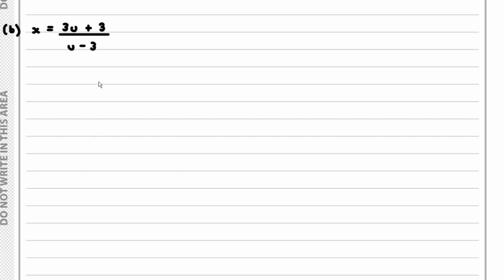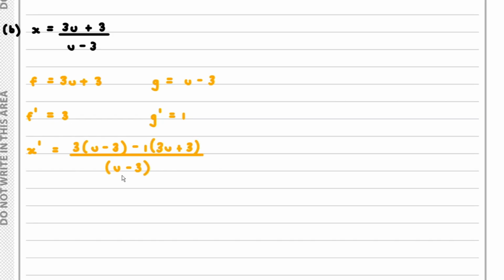What we need to do is differentiate this result. So if I let f equal 3u plus 3, f dash will equal 3, and if I let g equal u subtract 3, g dash will equal 1. And so using the quotient rule, x dash will equal 3 multiplied by (u subtract 3), subtract 1 times (3u plus 3), over (u subtract 3) squared.